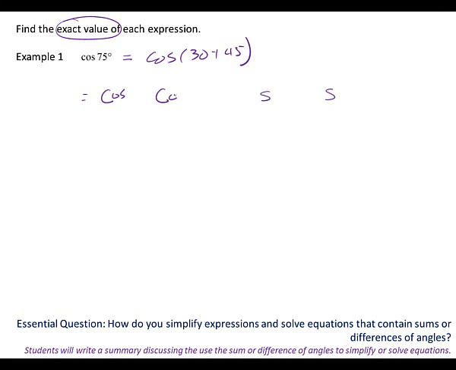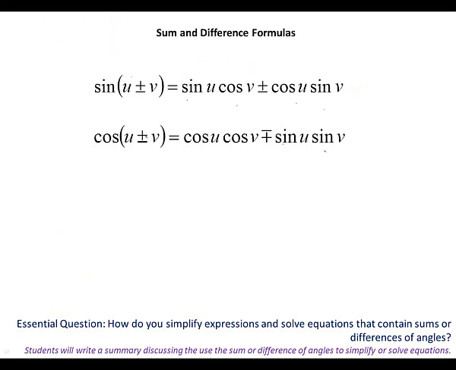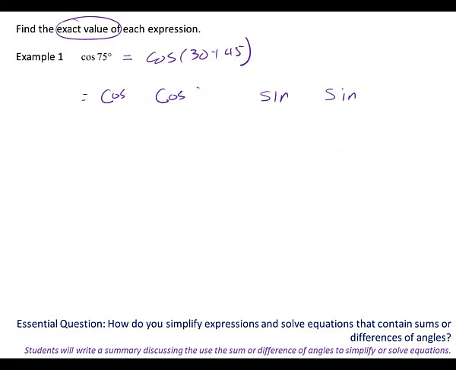And with cosine, is the sign the same to begin with or opposite? Opposite. With sine, it's the same. With cosine, it's opposite. So it was a plus sign, so I'm going to use a minus sign. Then all I do is drop these two angle measures in. So I drop in 30 and 45 and 30 and 45.